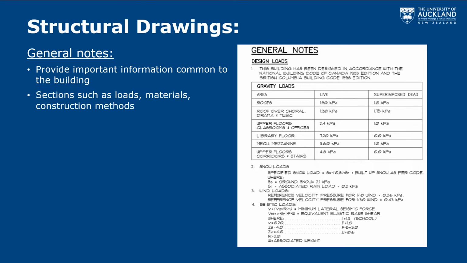So what we have here are the building code or the design standard that has been utilized for the design of this building, as well as what the assumed gravity loads are for the roof or these different floors. And then what the snow, wind, and seismic loadings are. And again, it's a nice quick snapshot of how this building was designed and what the assumptions were which were made.